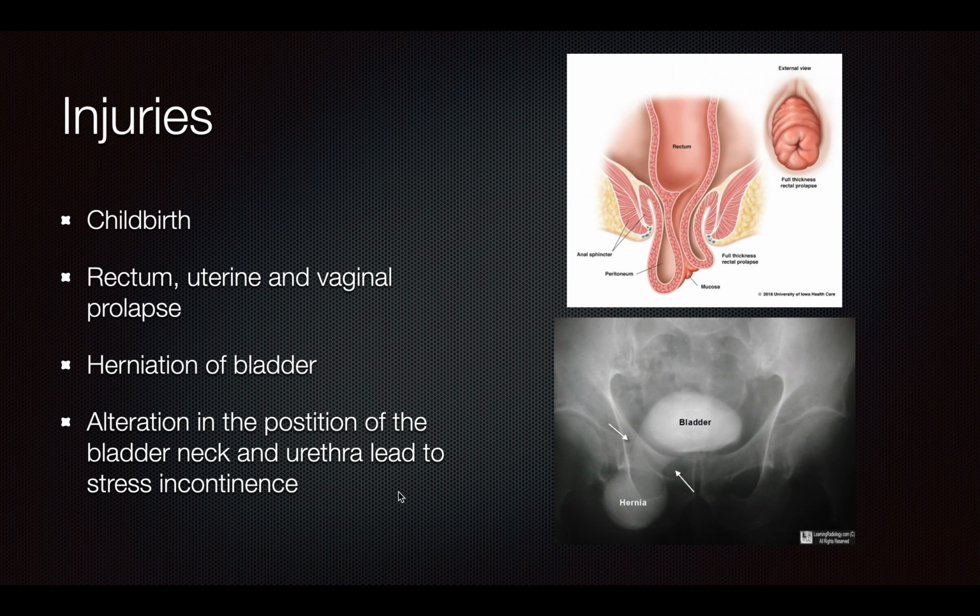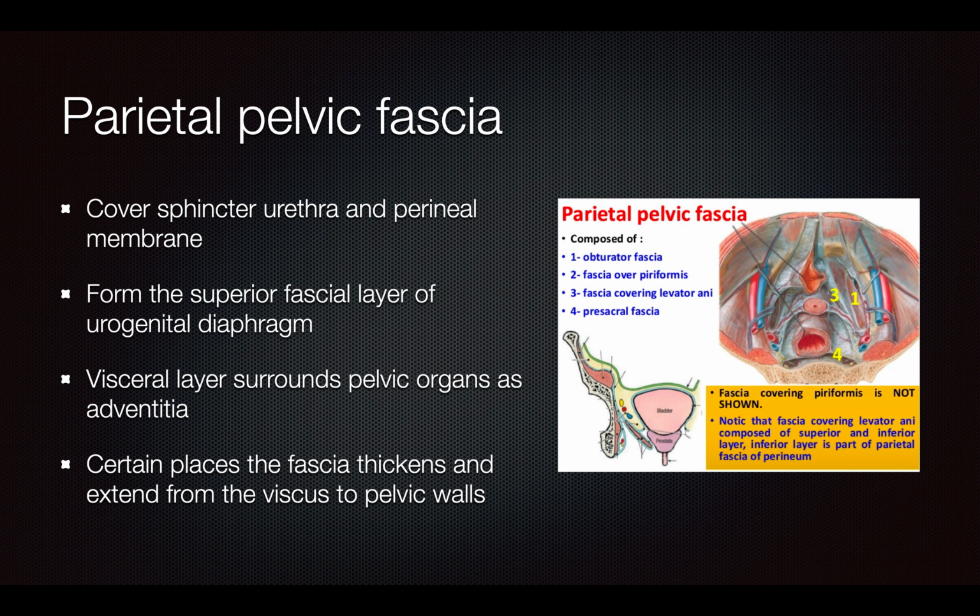People who have given birth to multiple children and are elderly have problems controlling their bladder when they laugh very hard, or when they sneeze, or when they cough. Okay, so the parietal pelvic fascia covers the sphincter urethrae and the perineal membrane. They form the superior fascial layer of the urogenital diaphragm.